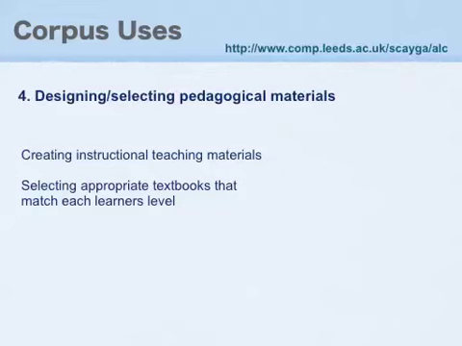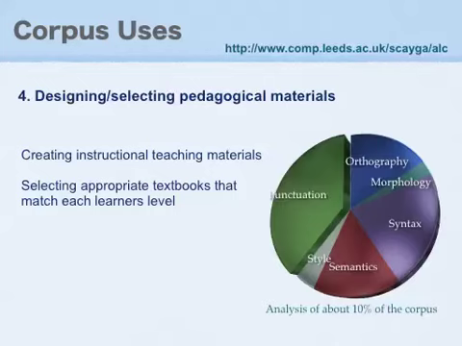It also can be useful for selecting the most appropriate textbooks which match the learner's level and in line with their linguistic strengths and weaknesses. For example, by analyzing 10% of the corpus, it can be obvious that punctuation requires more focus in the teaching materials.